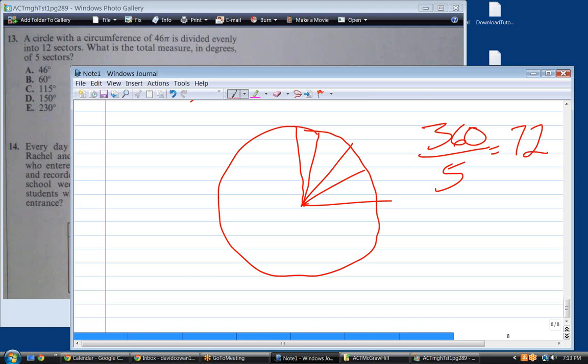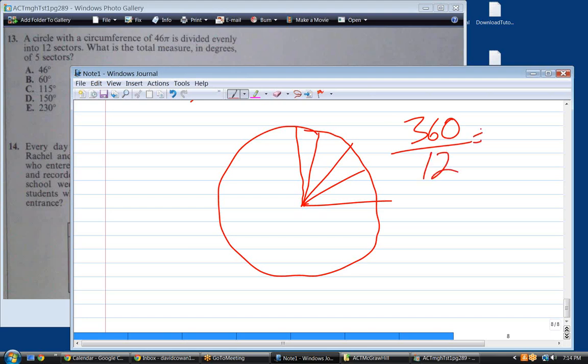Let's do it a different way, and you'll see why it isn't this. What is the measurement of each sector? How many sectors are there? 12.